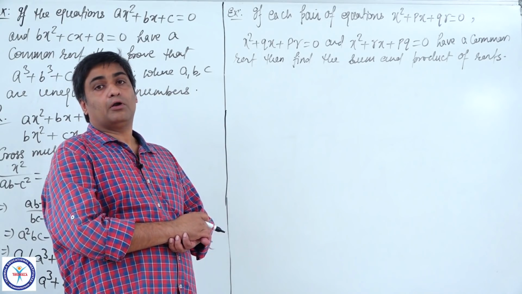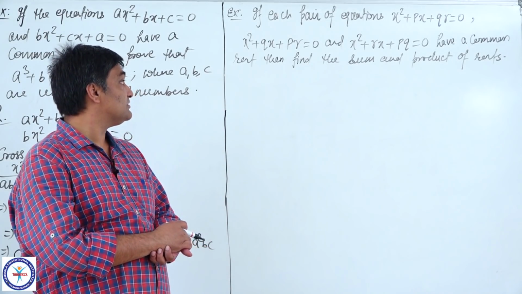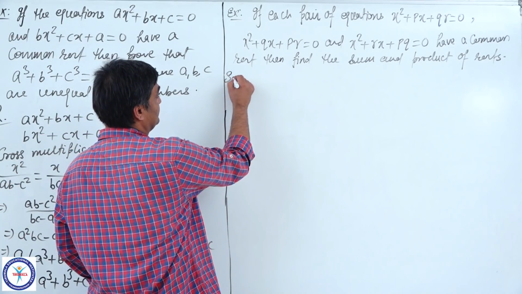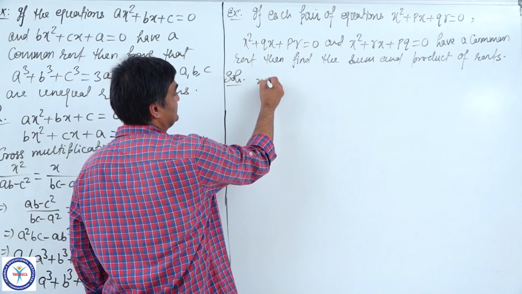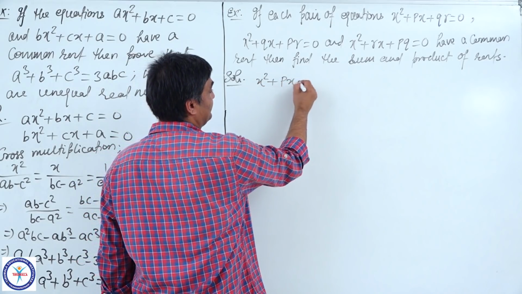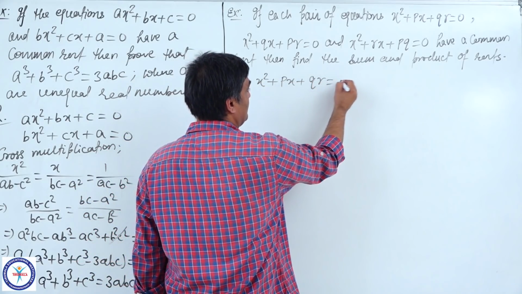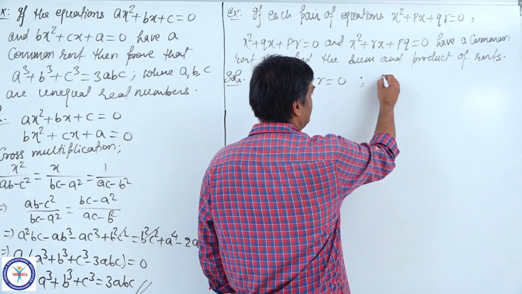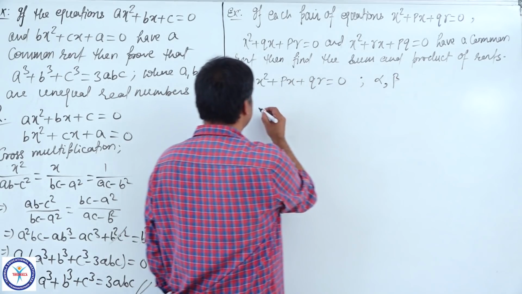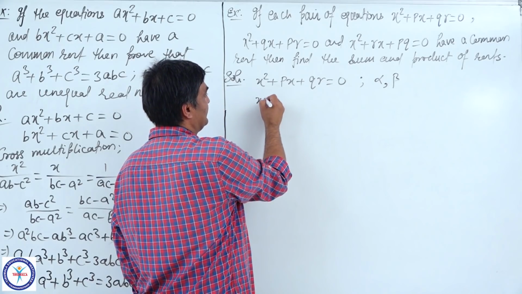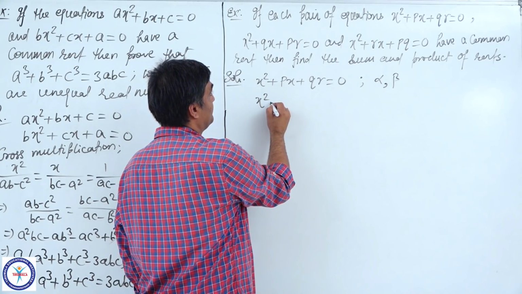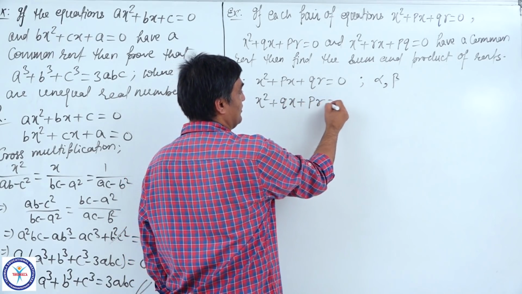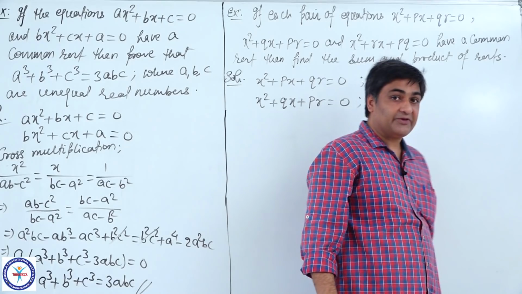Now, first of all, write the three equations. x square plus px plus qr equal to 0. Let its roots be alpha and beta. x square plus qx plus pr equal to 0, the second quadratic equation.